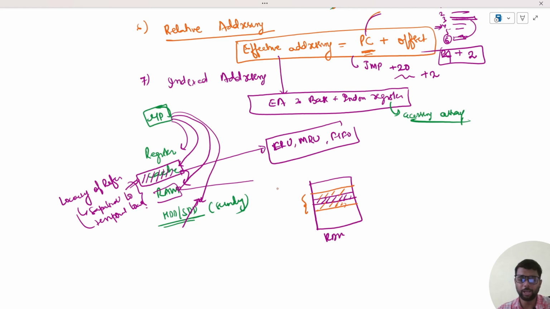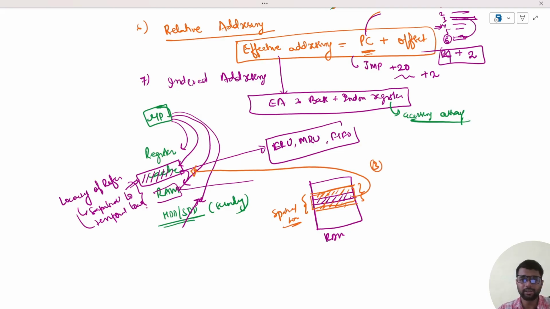This is called spatial locality. That means the data from the nearby location can also be required by the processor. So it will try to take all these blocks and put them into the cache.